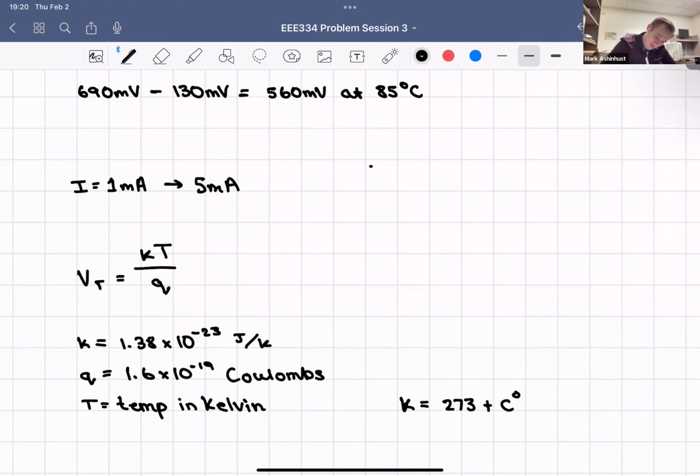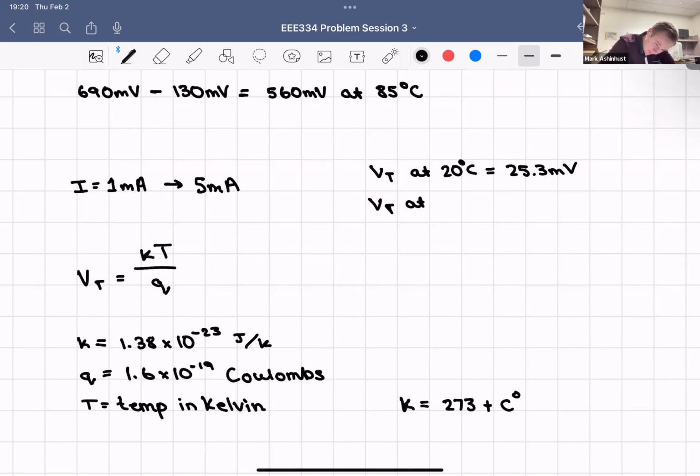But we'll have our VT at 20 degrees Celsius is 25.3 millivolts, which we said earlier, and that's why we usually use 25 millivolts. That's why we assume that.